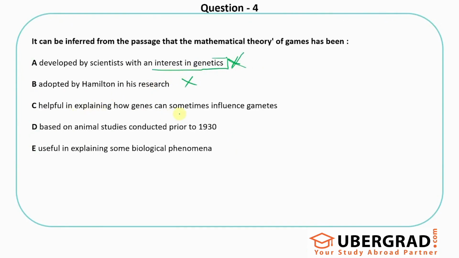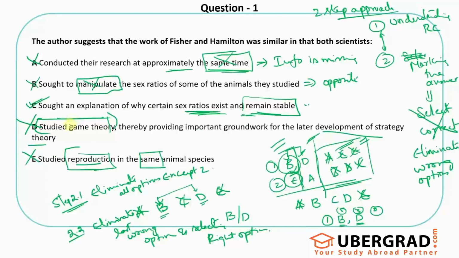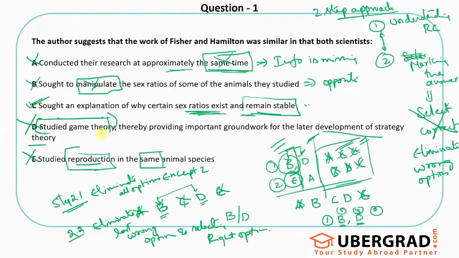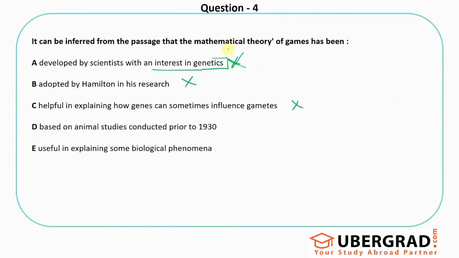Helpful in explaining how genes can sometimes influence gametes. Again, this is also not really a right statement. Yes, it is sort of discussed here that since Fisher's time it has been realized that genes can influence the chromosomes, gametes and all. They would like to participate in fertilization, but it has nothing to do with game theory being helpful in explaining this particular thing. That's not written.